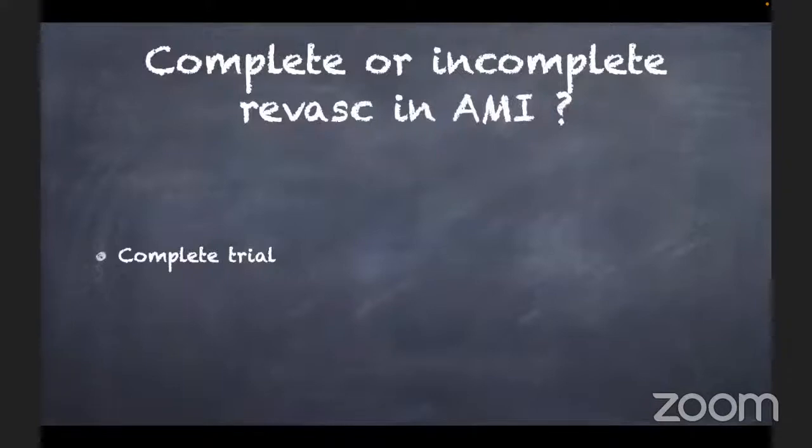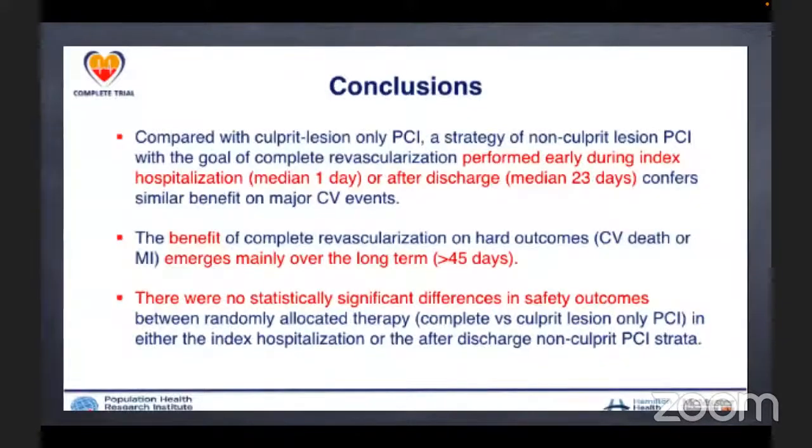So there are a few issues in such situations. We know that in all acute MI cases, there will be at least 40 to 50% of patients who will have multivessel disease. And these are the difficult patients, and we need to know what should be done correctly at that point of time.